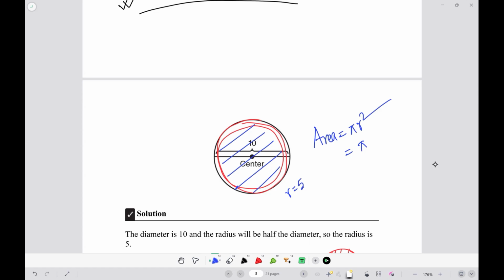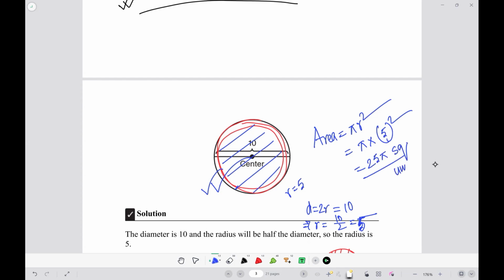Just like a mathematical relationship, d equals 2r, so for this given circle, d equals twice r equals 10. Using the laws of equations, we can write 10 divided by 2, that is 5. The radius is 5. So that is 5 squared, that is 25 pi. This is the area of this given circle.